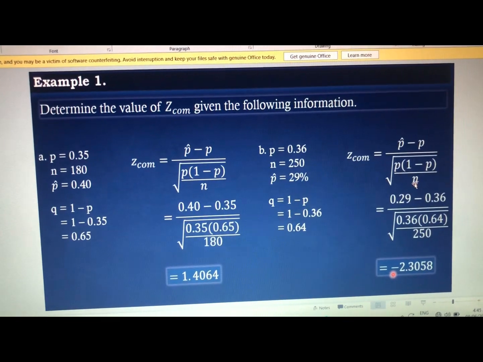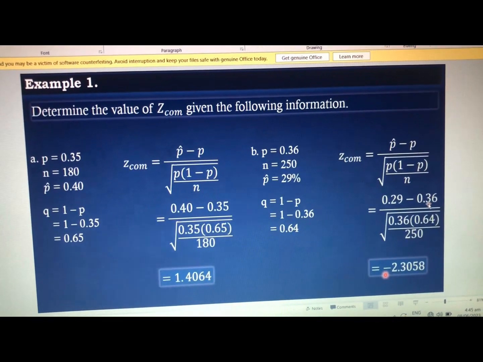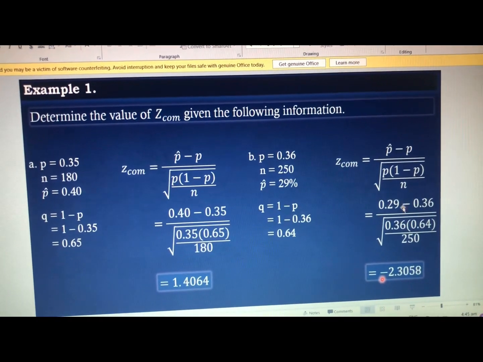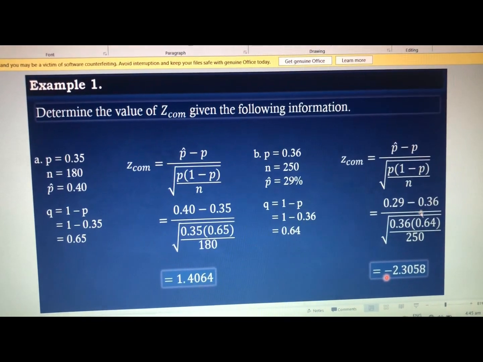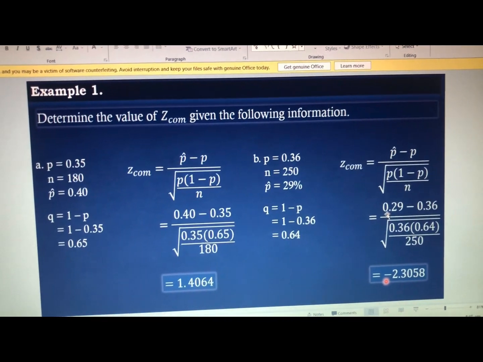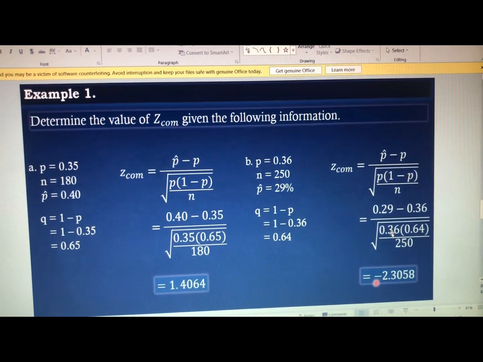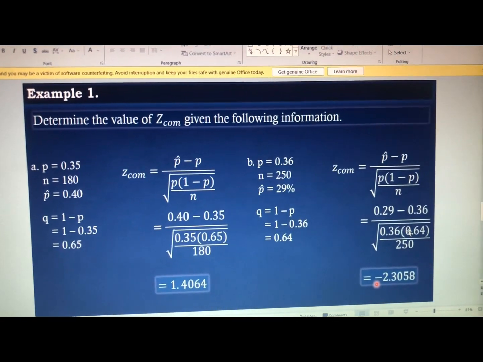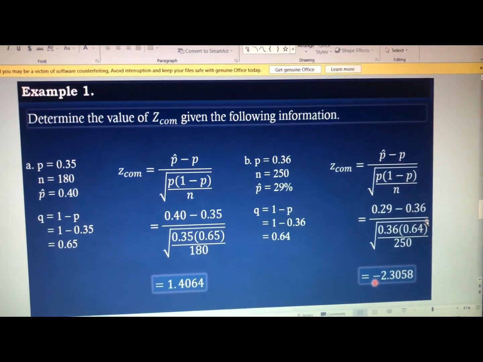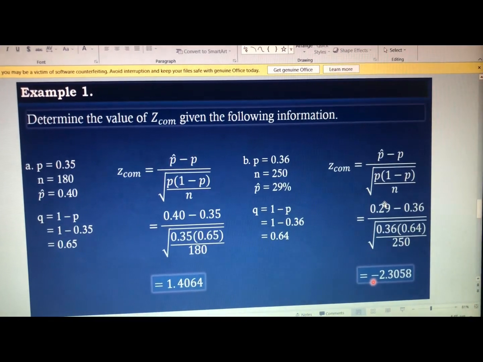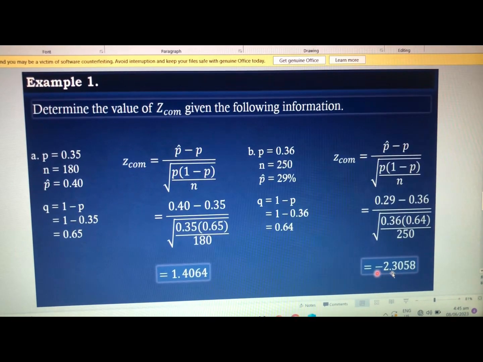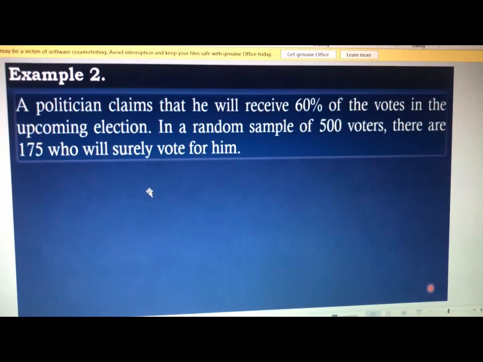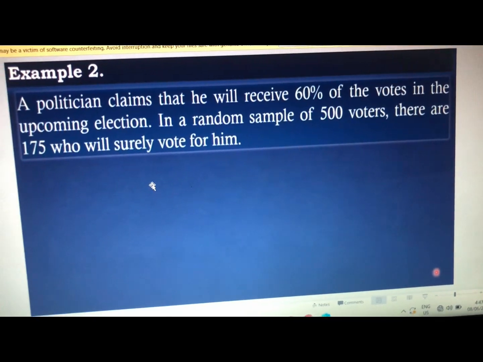So, using this formula, 0.29, that is our sample proportion, minus 0.36, the population proportion, divided by the square root of P, 0.36, times Q, that is 0.64, over 250. Okay, using calculator, that is negative 2.3058.